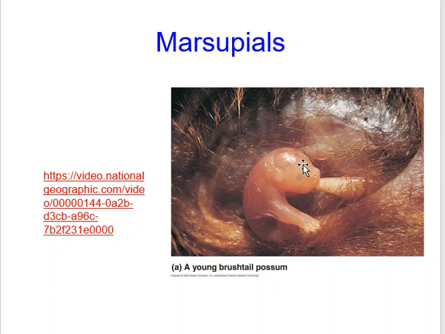It only has a few minutes to get to the pouch. It's amazing. See, the eyes are not there. It uses the sense of smell to find the pouch from the site of birth, and it's very, very fragile. If it stays out for more than a few minutes and doesn't reach the pouch, it's dead because the skin is very, very thin.